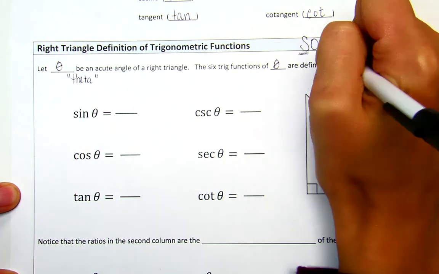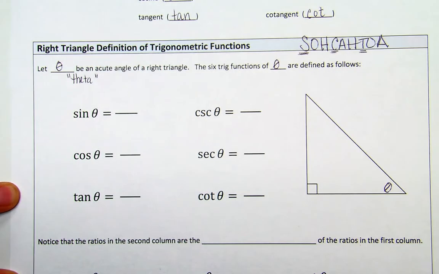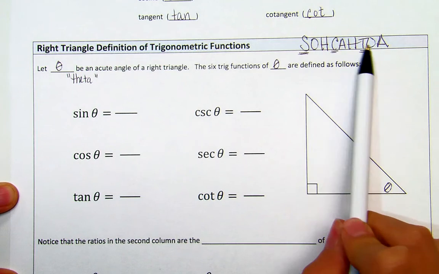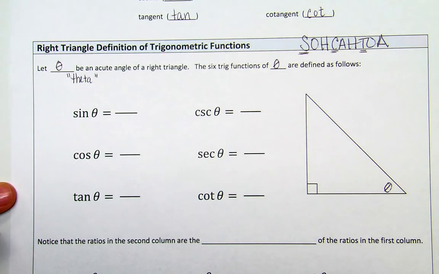And the S, the C, and the T all have meanings: sine, cosine, and tangent. And the OH, AH, and OA are basically the sides of your right triangle and their relationships. Okay? So over on the right-hand side, I want to fill out a couple pieces of information that you will need to build on for these 6 trig functions.